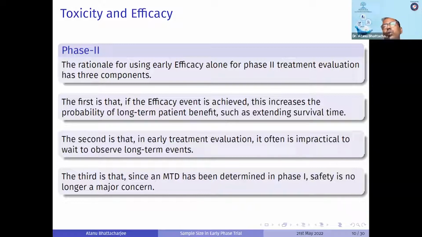So proceed with that. Thankfully, in phase 2 we don't need to worry about toxicity. However, as far as GCP and other requirements are concerned, you have to monitor cautiously, check the toxicity events, and document them properly. But it's a secondary thing. As far as study design, sample size, and objectives are concerned, it is not the primary thing.